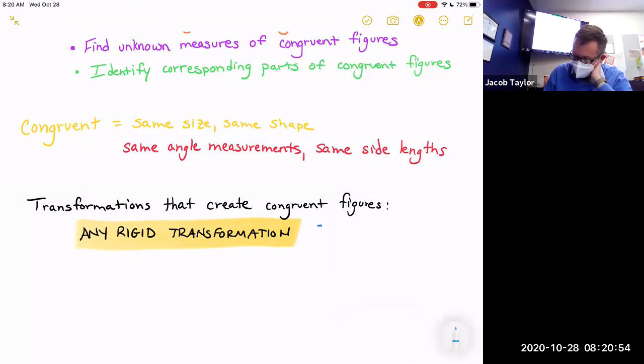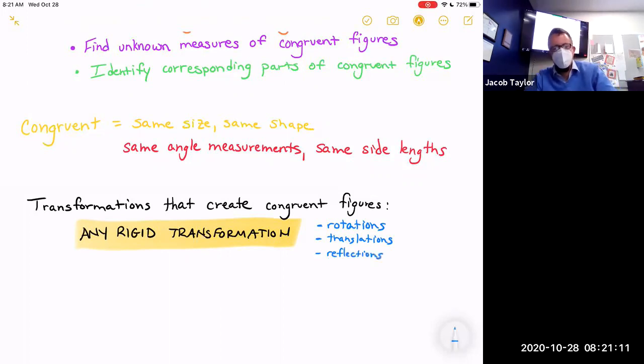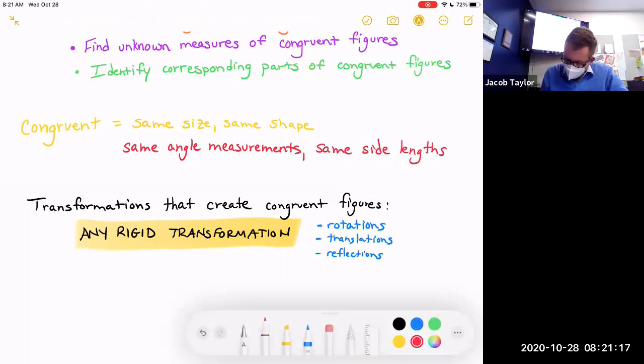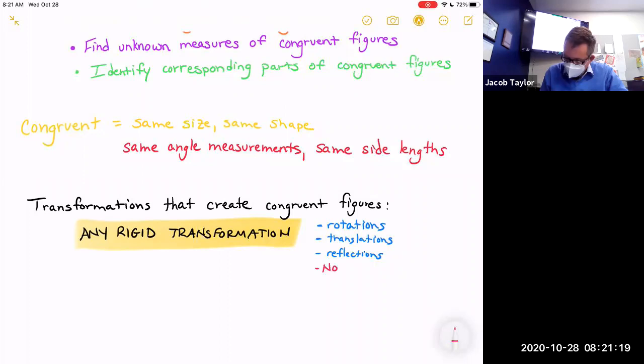You just gave me a list. You said those are rotations, translations, reflections. Not dilations.